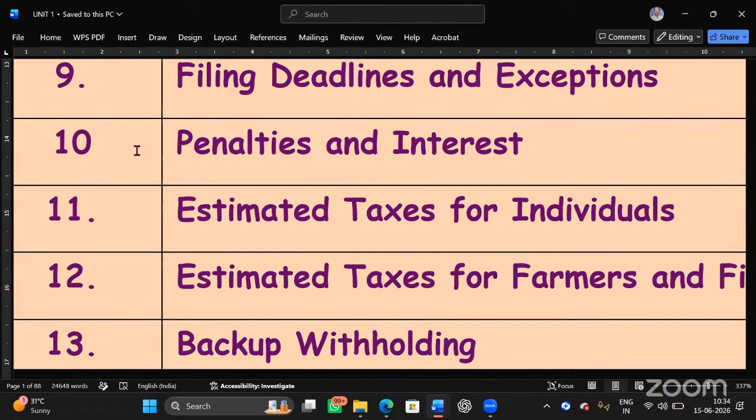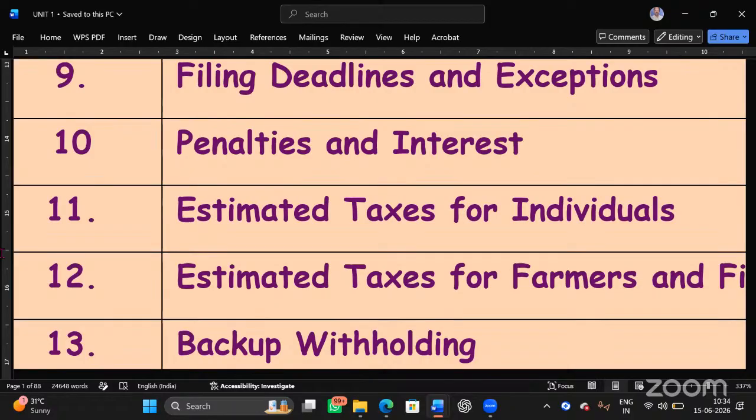But sometimes the department is not ready to wait till the next year. It demands the tax amount in the first year itself, that is, in the year in which the income is generated by the taxpayer. So we need to pay the department in the form of advance tax. Technically it is called estimated tax.